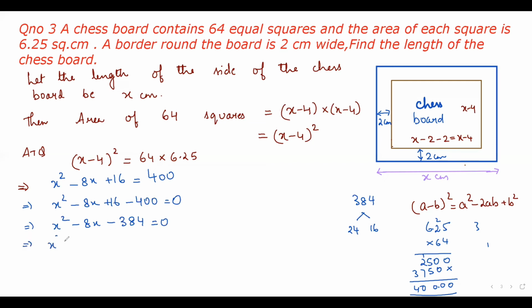So this will be x square minus, split 8 as 24 minus 16, x minus 384 is equal to 0. So this will be x square minus 24x plus 16x minus 384 is equal to 0.